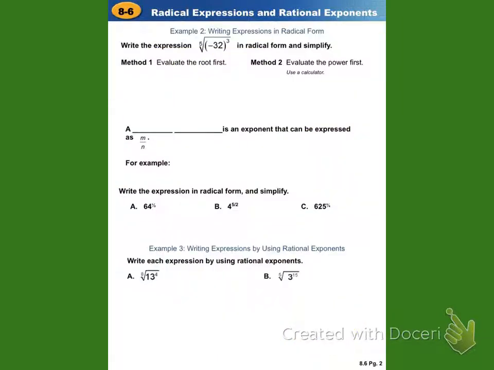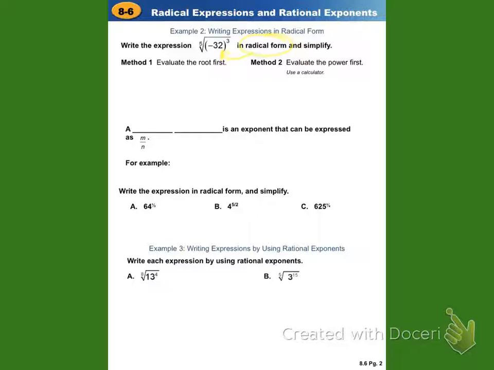Okay, let's turn the page. Think back to when we studied rational exponents. If I had an expression like this, the fifth root of negative 32 to the third power, and I wanted to write it in radical form, it would look like this. That is the radical form.